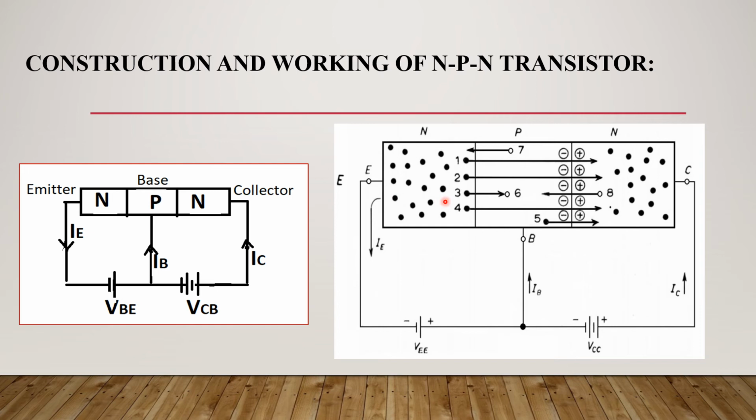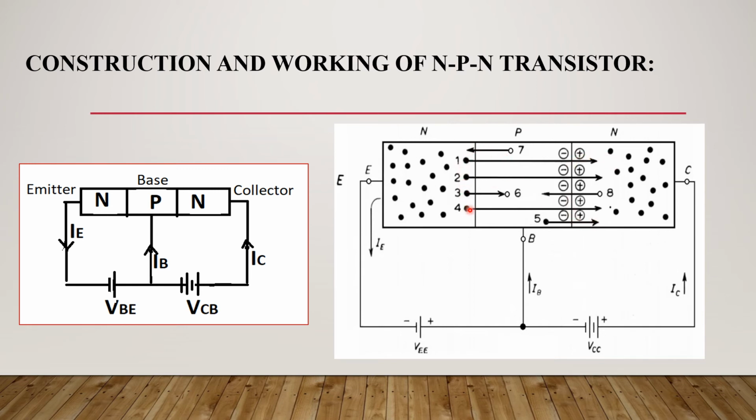Actually, the number of electrons and holes crossing the emitter base junction is much more than the number of electrons and holes crossing the collector base junction.